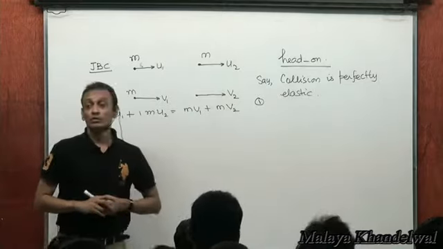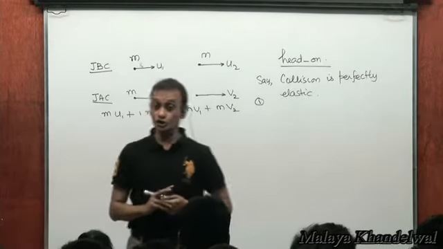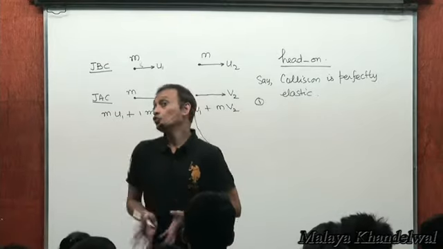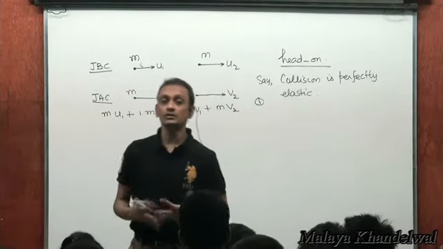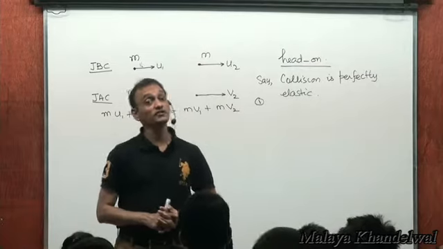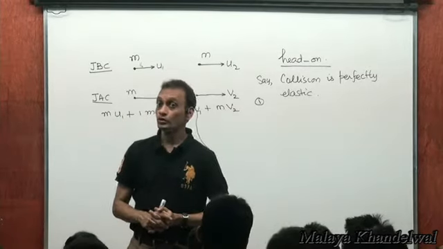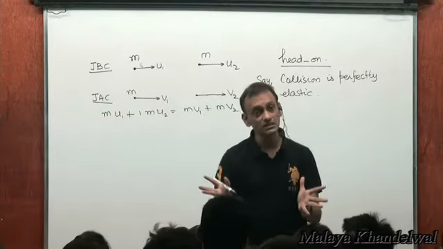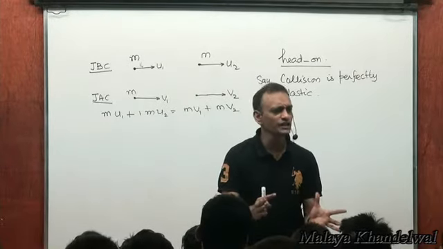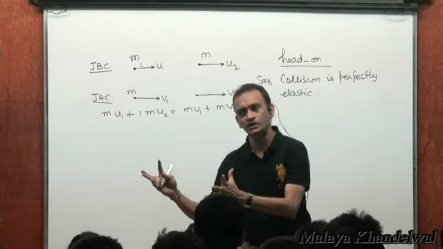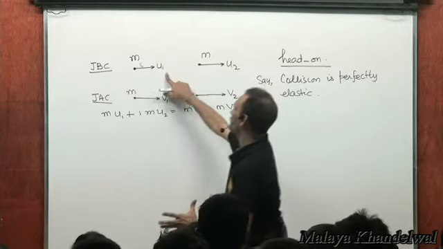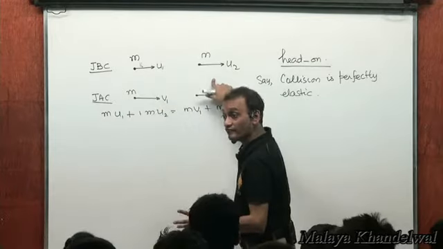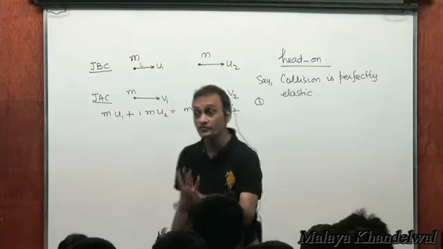Now, since the nature of collision is perfectly elastic, there are two mathematical things that we can do to suggest that. Either I could say kinetic energy before collision equals kinetic energy after collision. That means half m u1 squared plus half m u2 squared is half m v1 squared plus half m v2 squared. That's one of the two things that we could do.